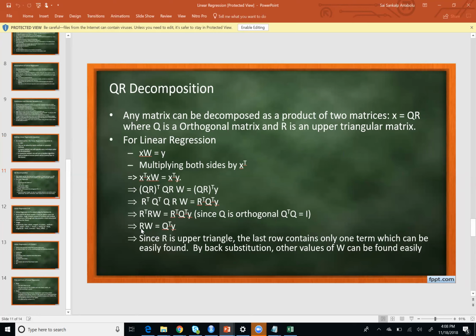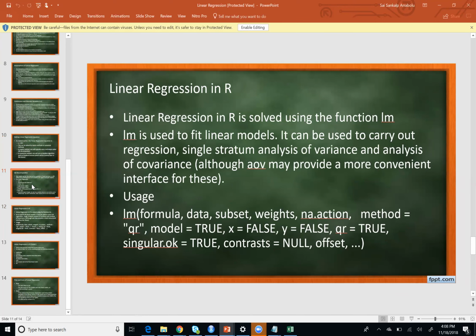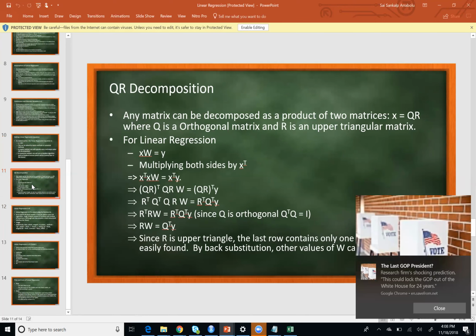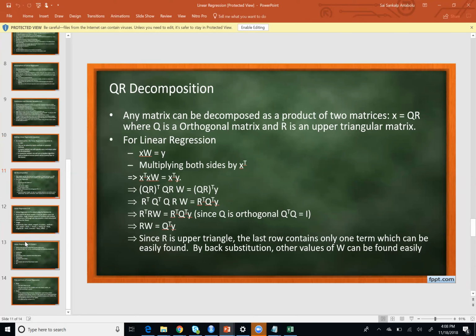Since R is an upper triangular matrix, it becomes very easy to solve this equation, and therefore you get what the W values are. So that is basically how. You need not worry about what this does. The module will take care of that for you, but you should know how the module actually runs this QR decomposition. Any questions on QR decomposition or how we try to find the unknown values?